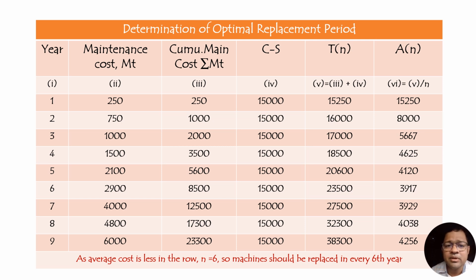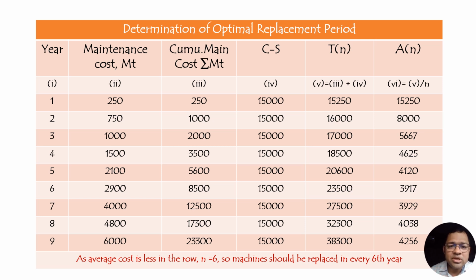Why am I highlighting the average cost every time? Because average cost is otherwise called the per unit cost. If the per unit cost is less than the price of your product, then your business will be in the right move. So average cost will always be considered when taking any type of decision.